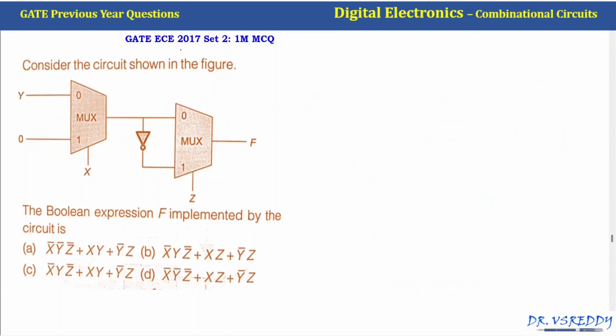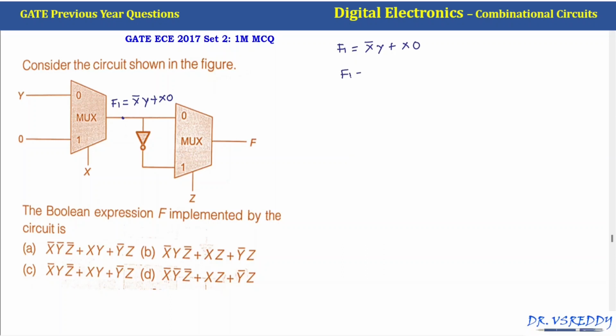This question was asked in GATE ECE 2017, set 2, 1 mark MCQ. We need to find the output F. Assume the output of mux 1 is F1. So F1 is equal to X bar into Y plus X into the other input 0.